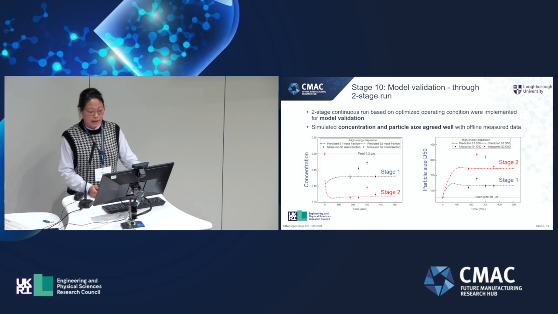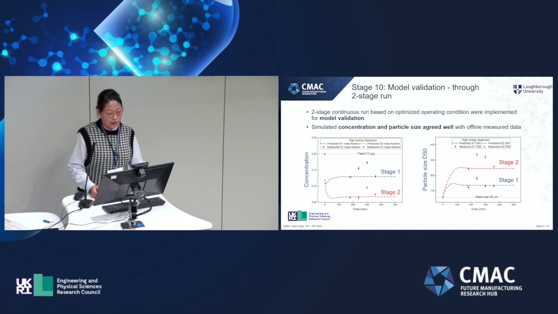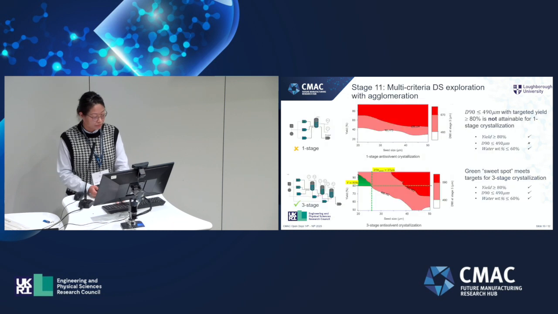We can see that the measured and predicted size and concentration data have a good agreement with each other. So that means the agglomeration is reliably estimated with the previous batch antisolvent crystallization.